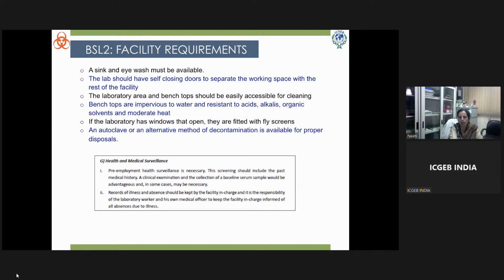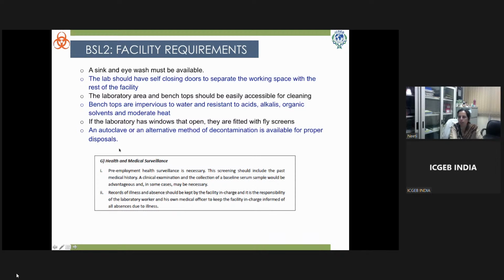And there should be an effective decontamination area or designated area, or an autoclave should be available, as well as alternate methods of decontamination where you use specific chemicals and other detergents are available for ensuring that effective decontamination is happening and proper disposals are in place.